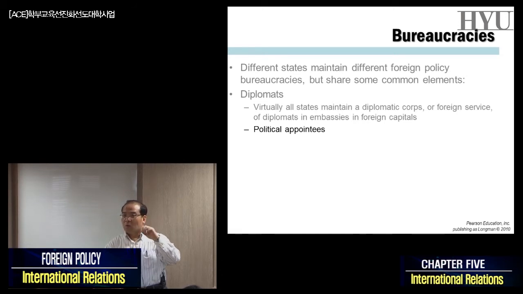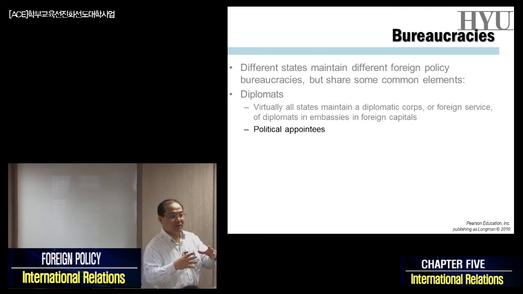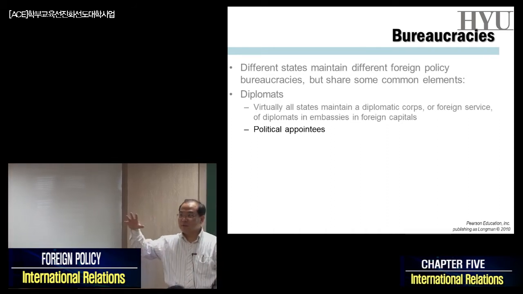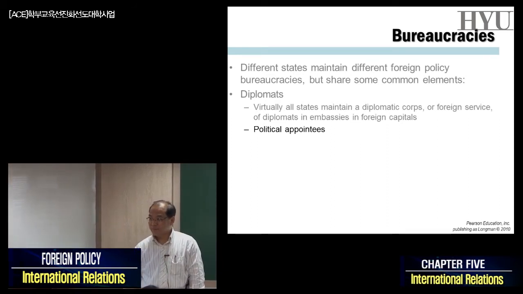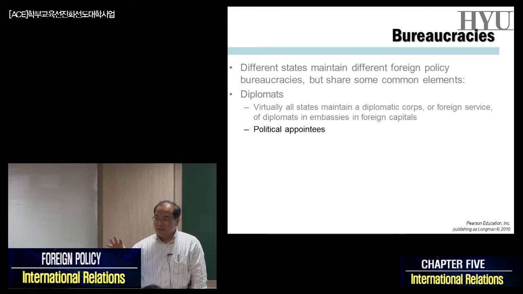So here, when a foreign policy is made, that foreign policy is an outcome of the aggregation of all these different organizational interests, right? So we need to look at the internal makeup, people who make decisions.